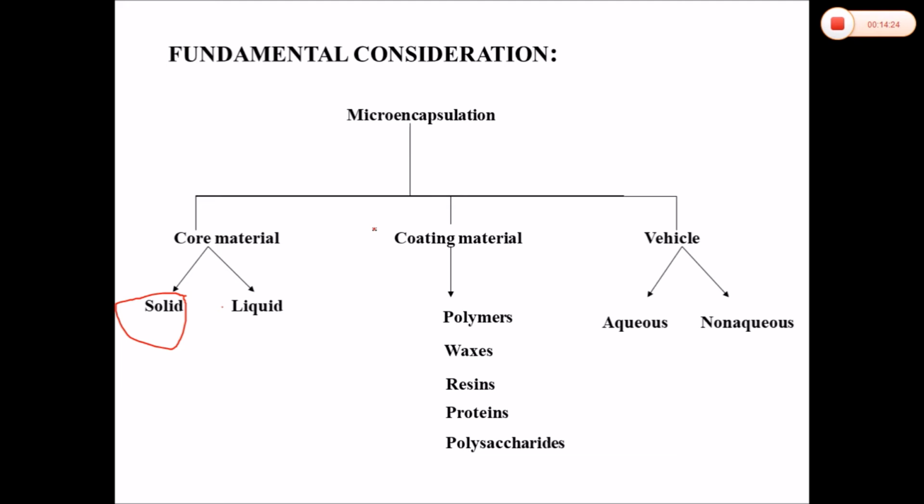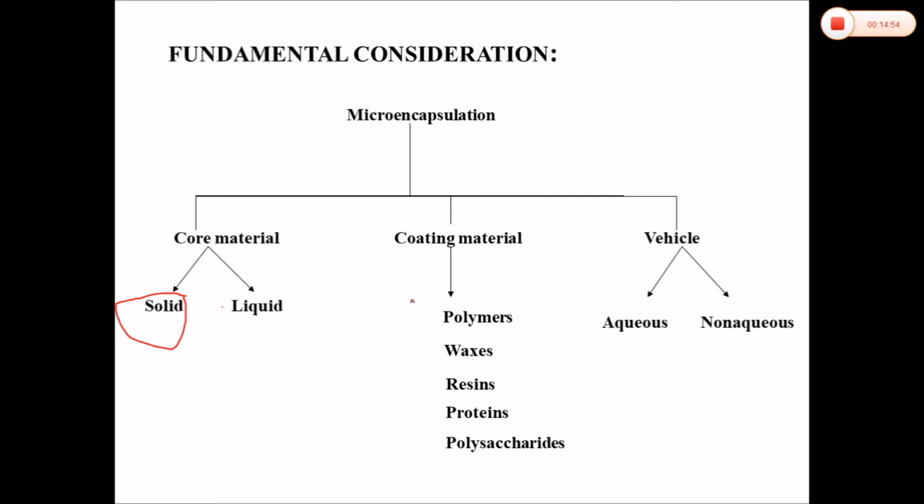So either a solid will be there, so you have to use the specific methods. Which method should be suitable for the solid, which should be suitable for the liquid. So you must know the general criteria for the core materials as well as the coating materials, the stability, the release characteristics of our coating materials.